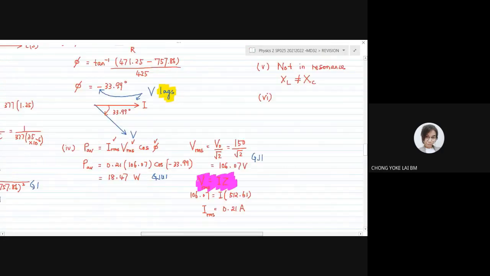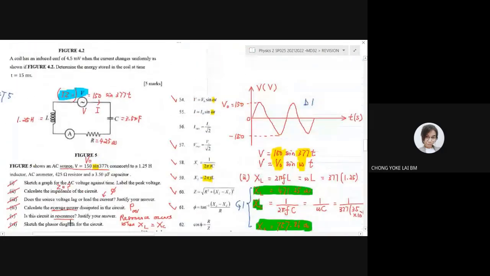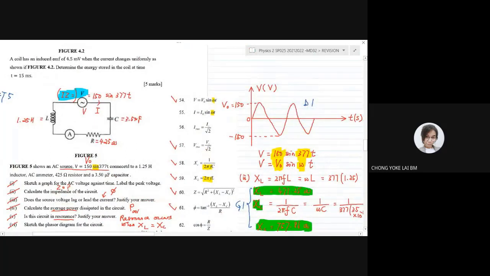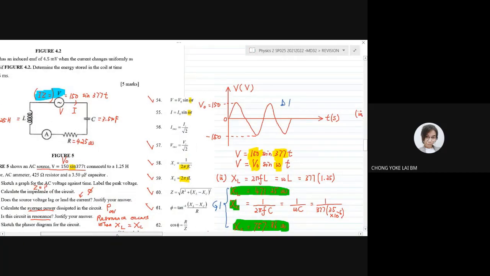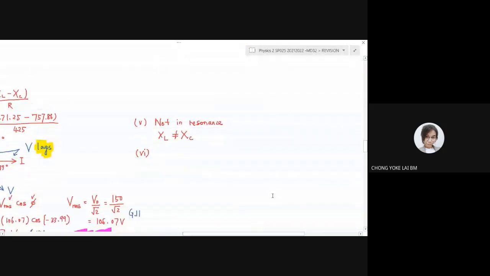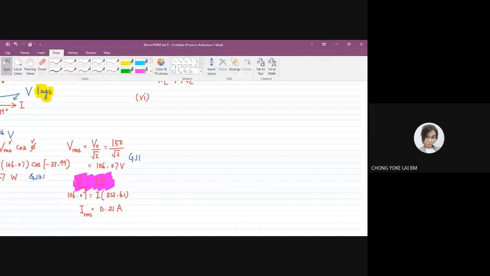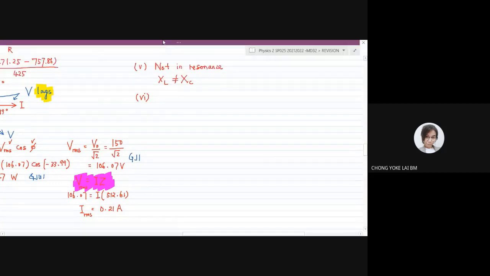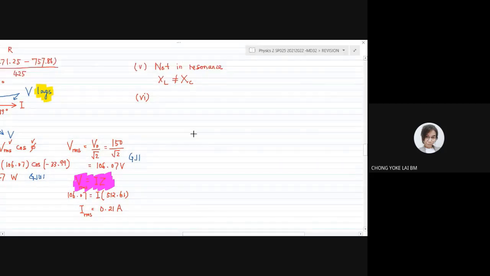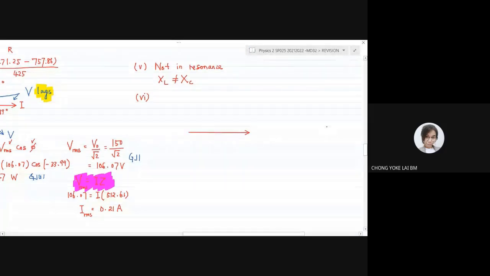Kalau you perhatikan, circuit kita adalah connect in series. So series apa yang sama? Current. Current is the same. Jadi untuk mula lukis phasor diagram, macam teacher kata tadi, kita akan mula dengan lukis dulu phase current. Letak secara horizontal macam ni.